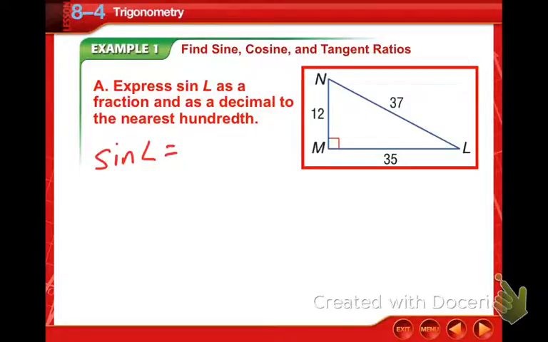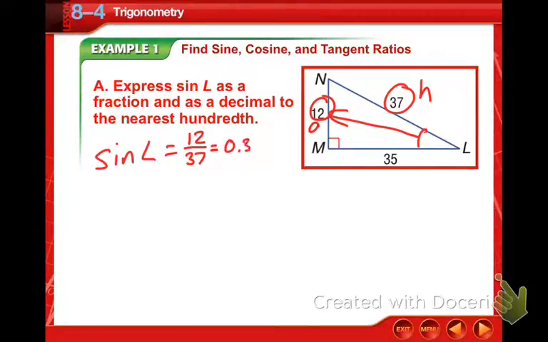If we're looking at our triangle, here's angle L. Opposite would be our 12, hypotenuse is our 37. So that's going to be 12 over 37, which comes out to be, if you put it in the calculator, 0.32 when you round to the nearest hundredth.